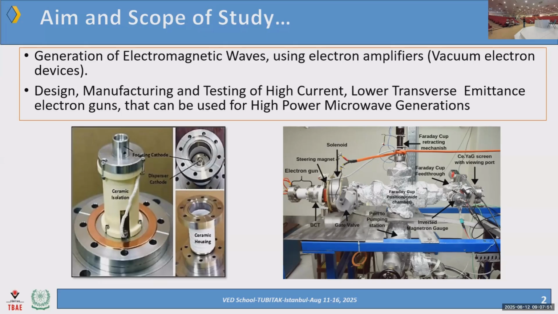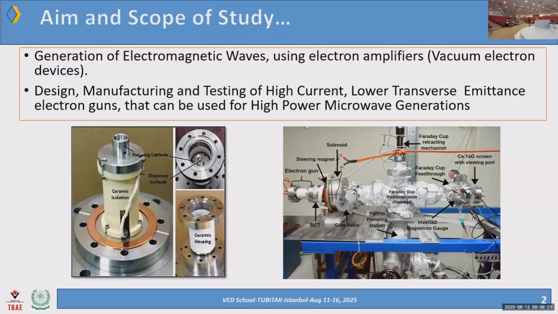For example, it should have a very high beam current. It should operate in a lower transverse emittance mode. Transverse emittance is a very significant characteristic of any charged particle source. When it comes to electron guns, the beams should be collimated and go in parallel. For example, if I want a route from this side to the other, the transportation should be very slim.